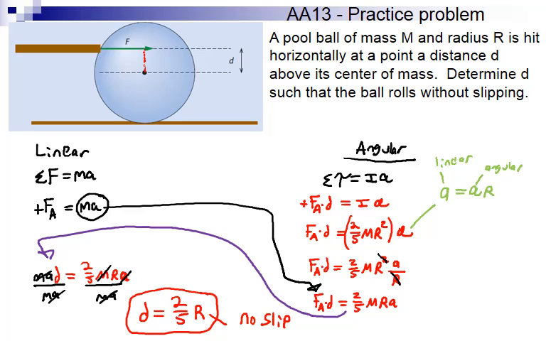So as long as the distance here is 2/5 of the radius, it turns out that it won't slip, because the torque here that's causing it to rotate will allow it to rotate, and in terms of what's going on linearly, the object will accelerate, but again won't slip.